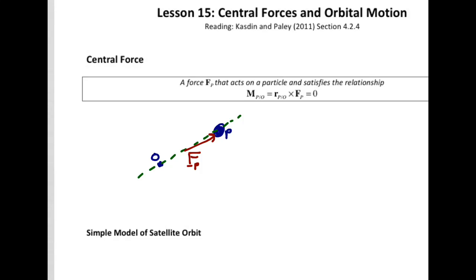Now we have a few important things to observe about this, and the first is that if the moment of point P about point O, an inertially fixed point, is equal to 0, then angular momentum is conserved. So that tells us, based on our previous derivations and discussions, that the time derivative of angular momentum as observed in the inertial reference frame is equal to 0, momentum is conserved, and so this tells us that our initial conditions are really all that matters.